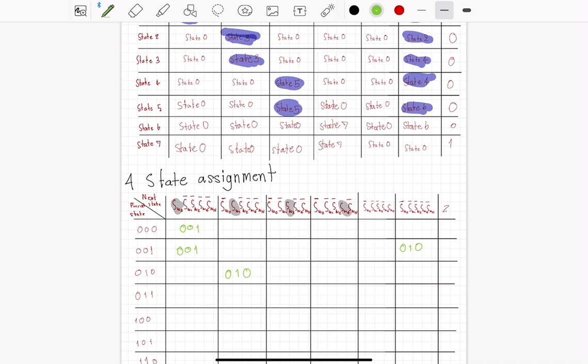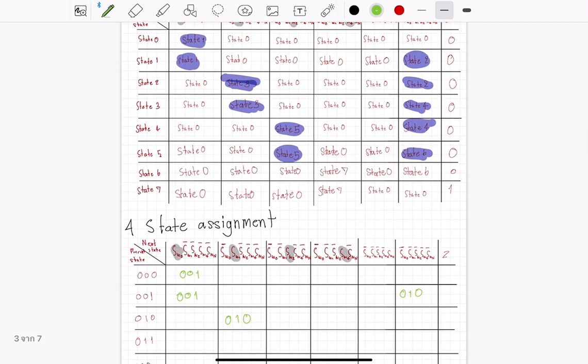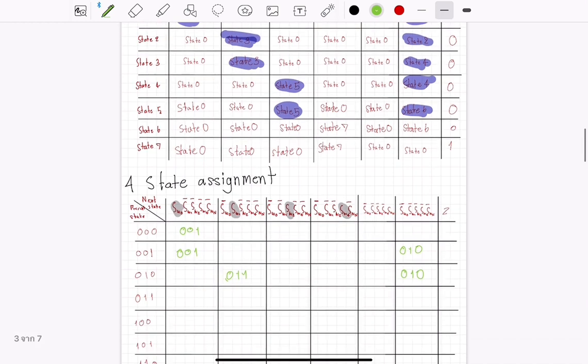1. Alright. Okay. State 1. State 2 is 111. State 3 is 111. Okay. I put state 111, I don't put state.